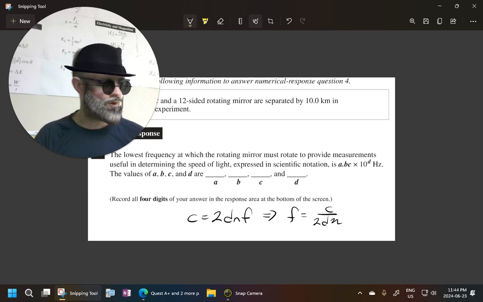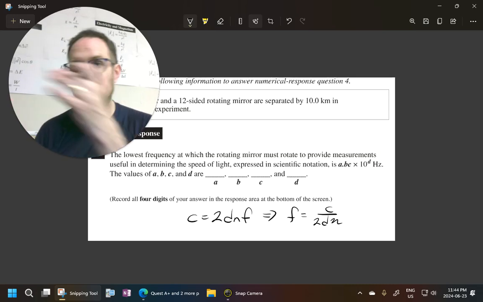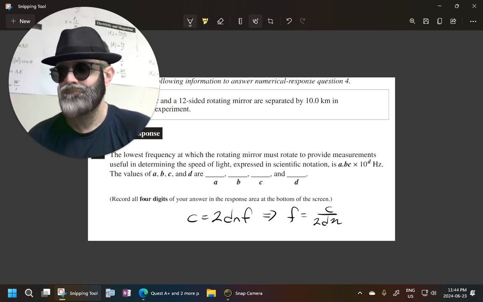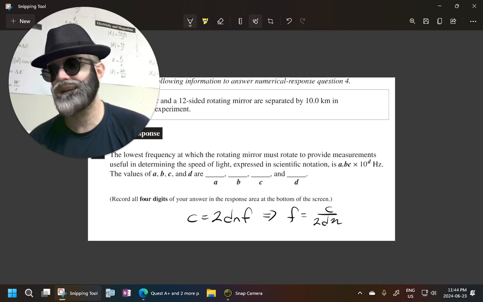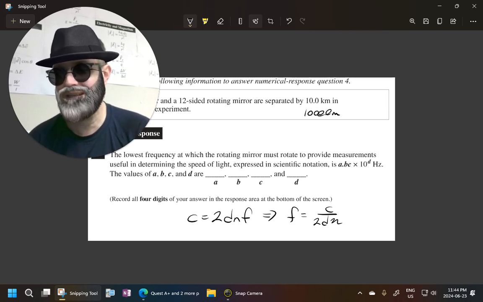And they don't tell you what the speed of light is in the question. Just assume it to be 3 times 10 to the 8. It's on the formula sheet. All right, so make sure when you divide by all these numbers, you actually divide by these numbers, and that 10 kilometers is actually 10,000 meters, and you times it by 2, so it's 20,000 meters. And you've got 12 mirrors.